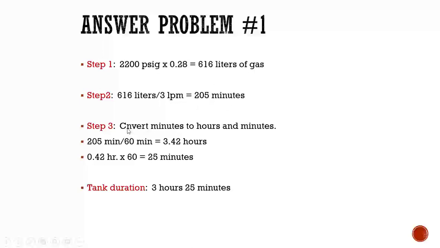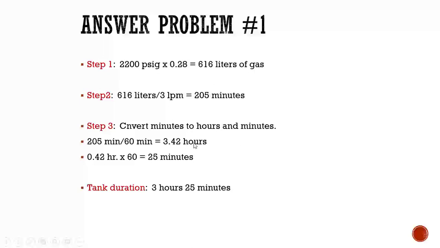So you're going to want to convert the minutes to hours and minutes. You take 205 minutes, divide it by 60 minutes. That's going to be 3.42 hours. A common mistake I see is that people stop at this point, and on their exam they write 3 hours and 42 minutes. But that is not the way that works.